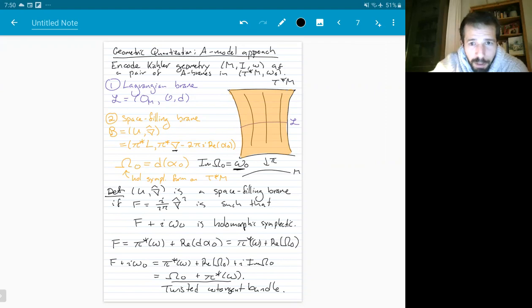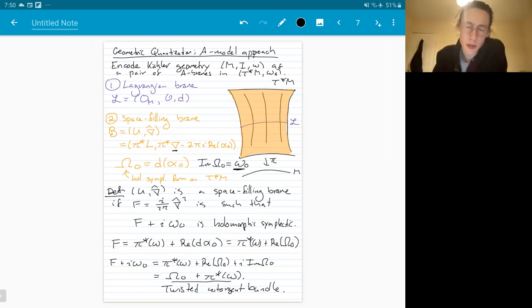It's not something that appeared before. It's just before you had the cotangent of M with the natural holomorphic symplectic structure, right? Let me put it this way: if you have a real manifold, its cotangent bundle has a symplectic form, canonically defined, which is little omega naught.